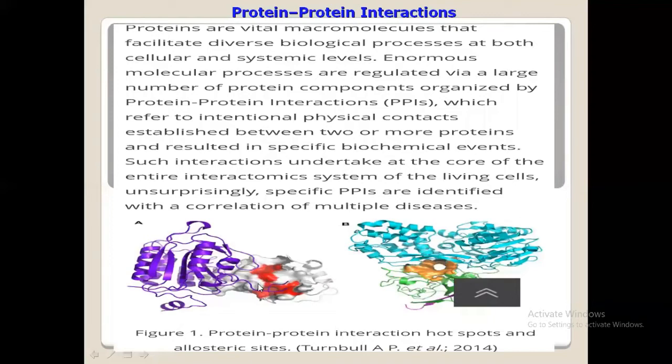You see this red place and one spot in this protein. Both are hotspots. Hotspots are the places where these proteins interact with others very often. Each protein naturally has hotspots, and these hotspots are very important.